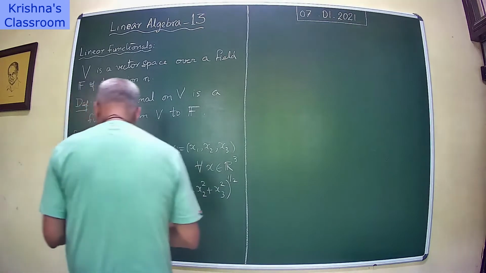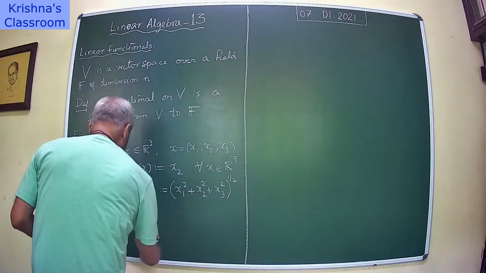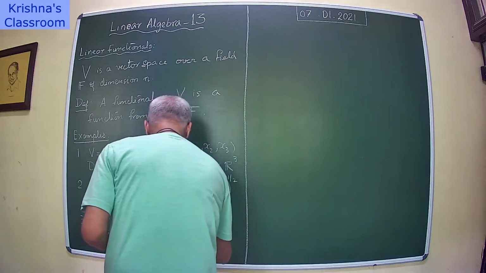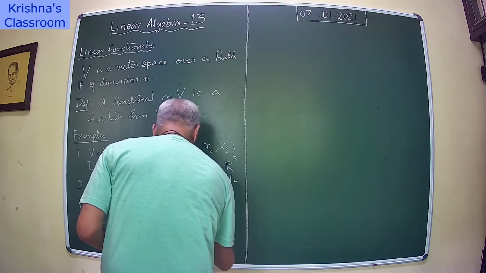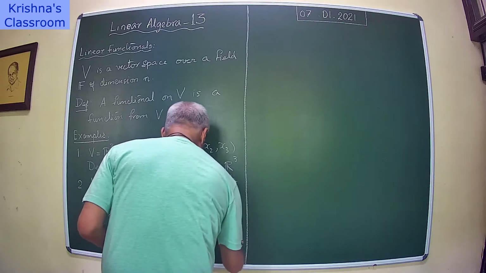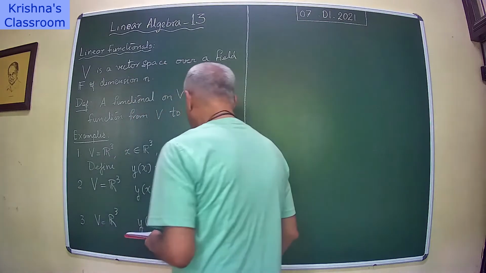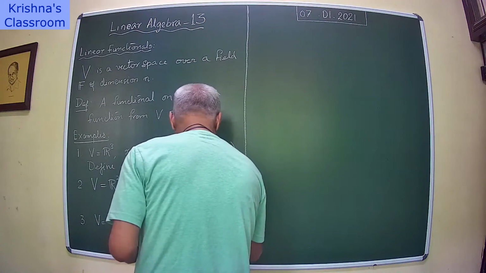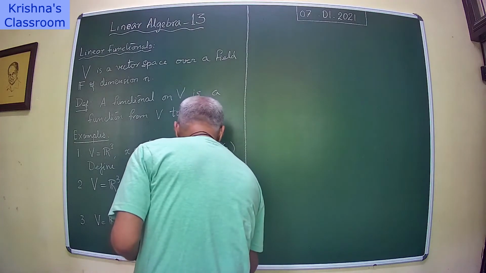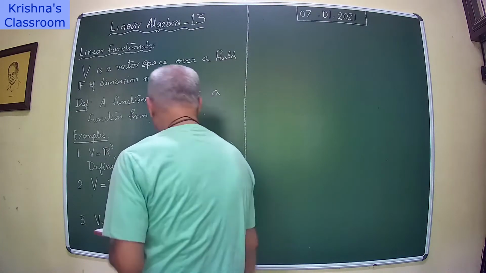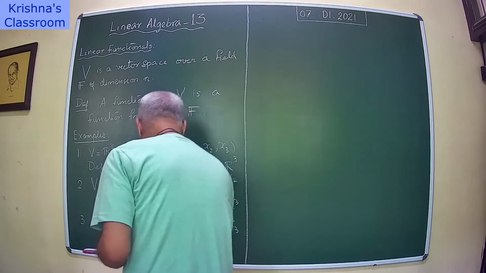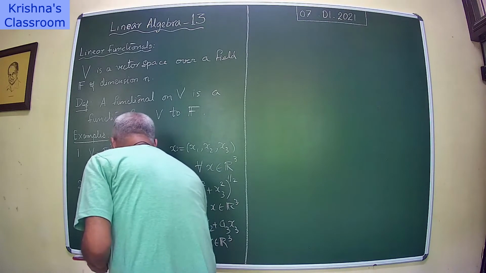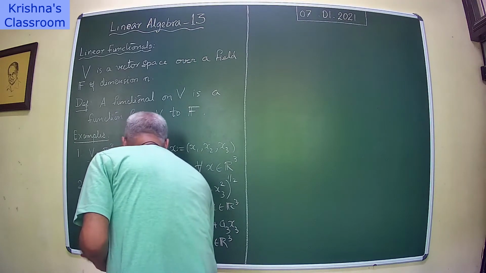Third example. V equal to R3, again the same notation. We define y of x equal to a1 x1 plus a2 x2 plus a3 x3 for every x, where a1, a2, a3 is a fixed vector.